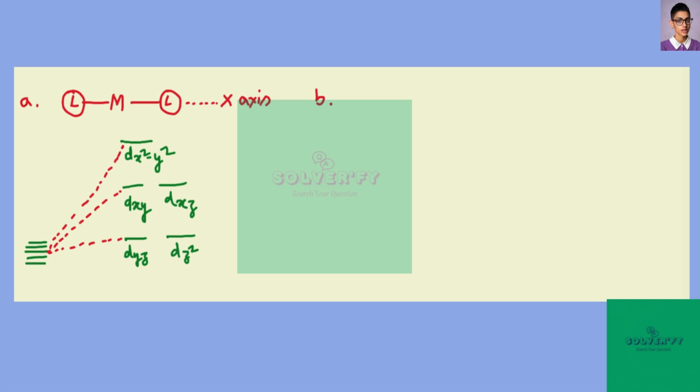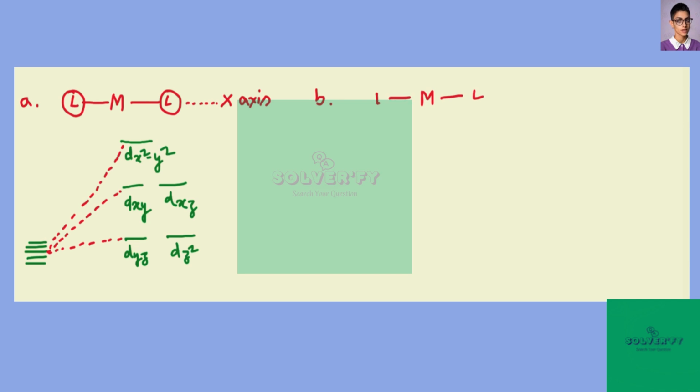Now come to B. In B, it is said that we need the d orbital diagram for the linear complex with ligands on the y-axis. So it should be M at the center, that is the metal atom, with a ligand on one side and again a ligand on the second side.